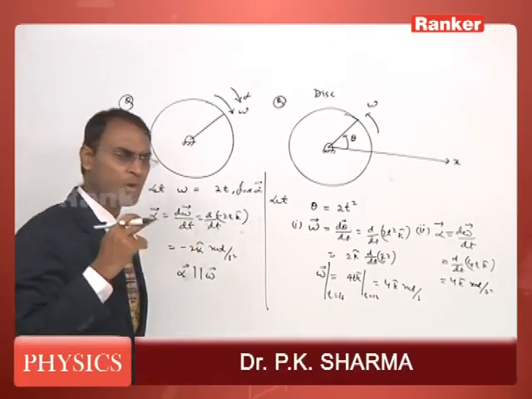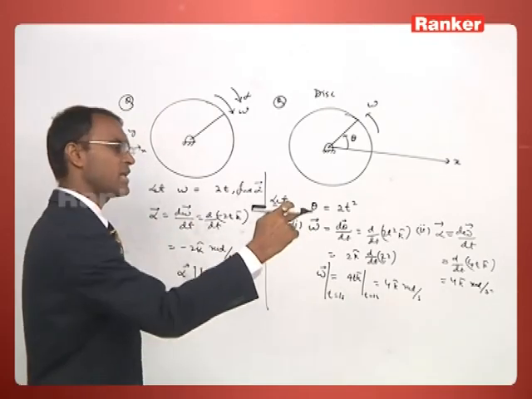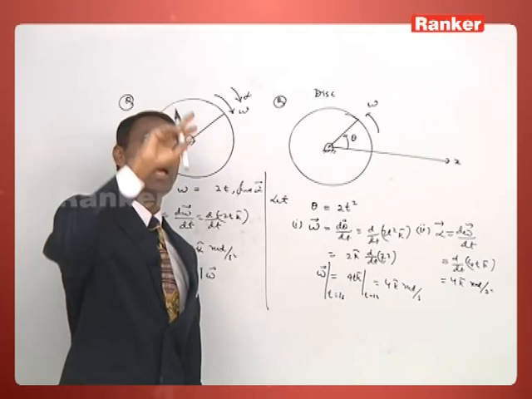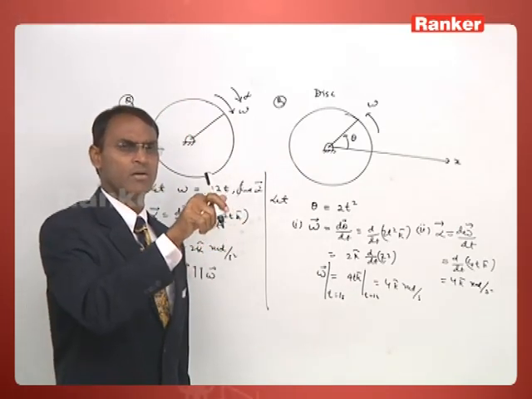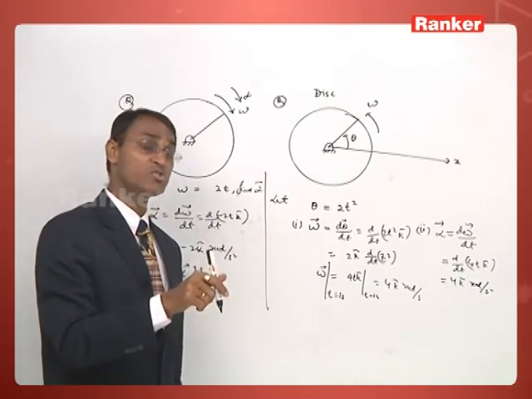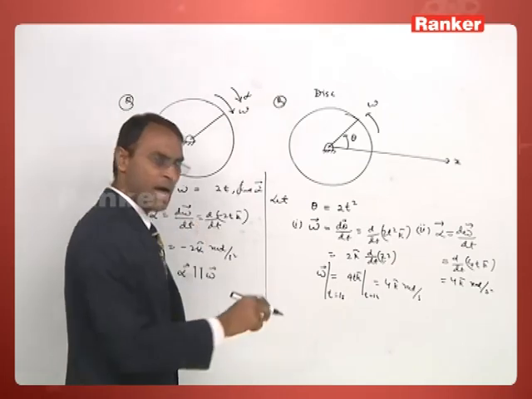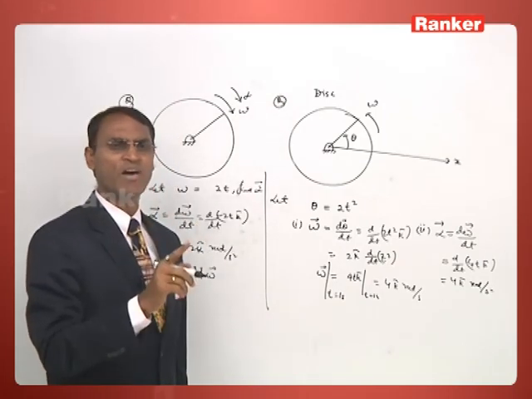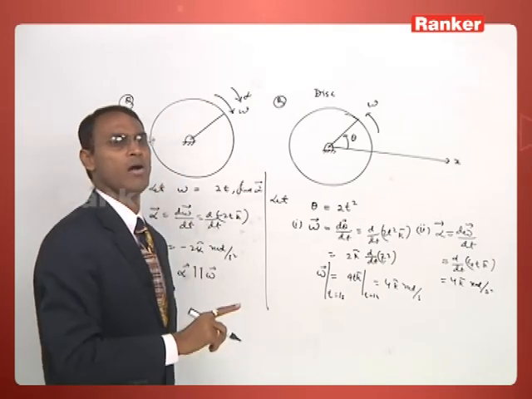When omega is along positive z direction or positive x direction, alpha will be in positive x direction. When omega is positive y direction, alpha will be in positive y direction. When omega is in negative y direction, alpha also will be in negative y direction. When omega increases, alpha will be unidirectional or parallel to omega.